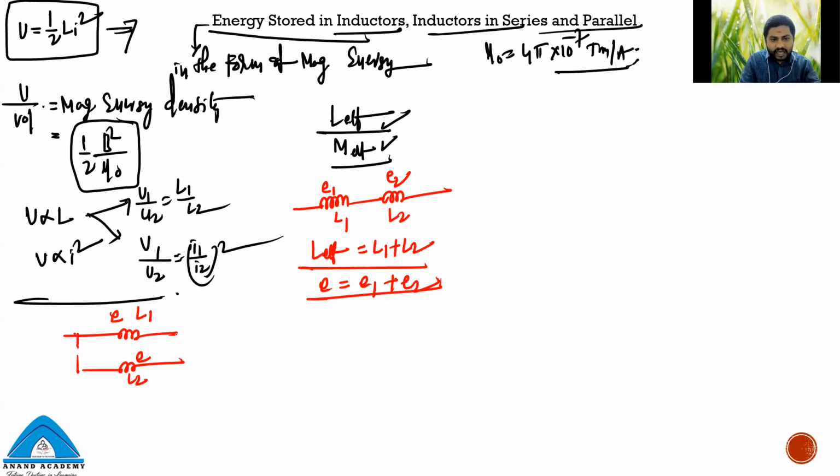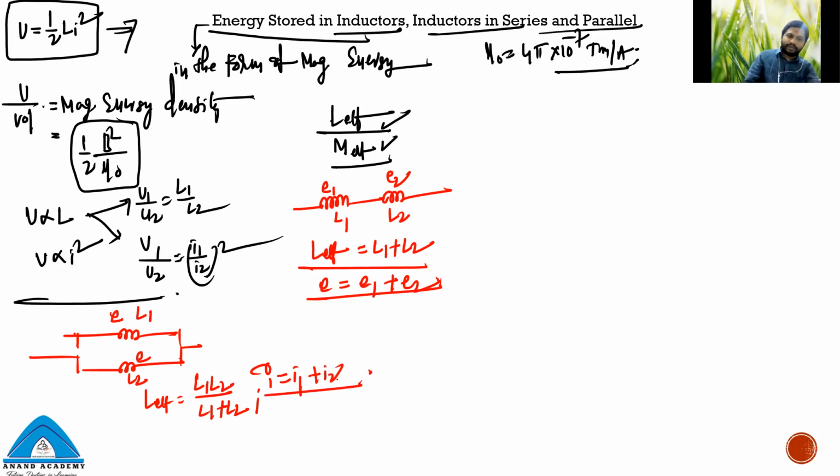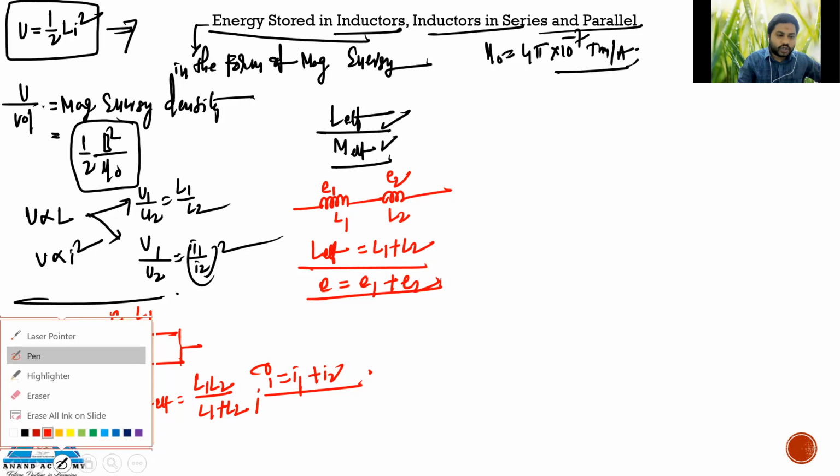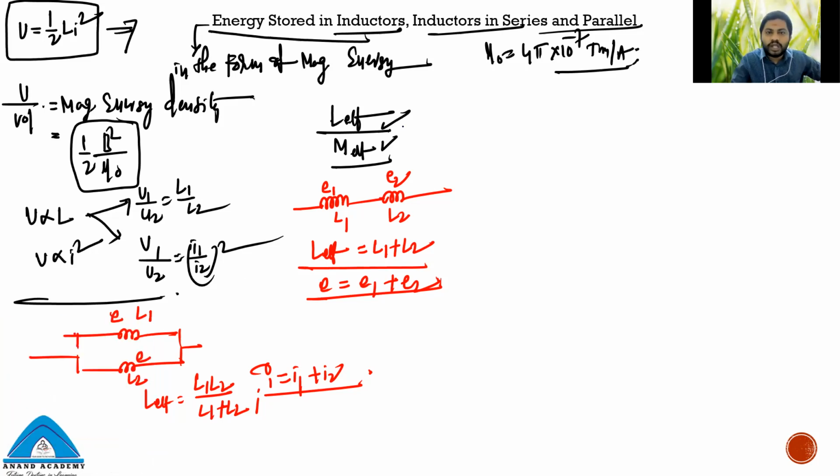In this case, L effective is equal to L1 L2 by L1 plus L2, and the point to be noted is that the total current will split into two different currents, I1 plus I2. This is when no mutual induction exists. My dear students, you should remember this: when no mutual induction phenomenon exists between these two, M is equal to 0.